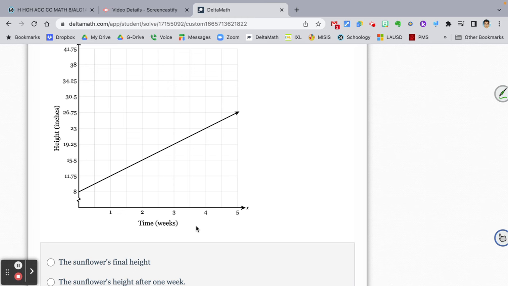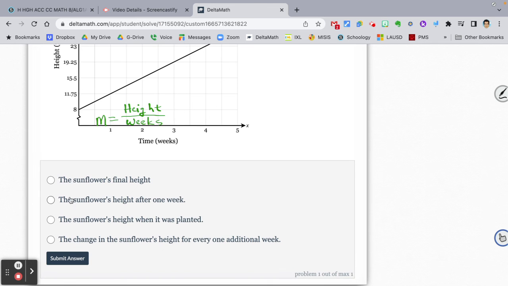So a slope is always a rate. So the slope, I'll call it M, is height, because that's on the y-axis, over weeks. So it's height per week. Think about that. That's what the slope is, height per week in this situation. So let's take a look.